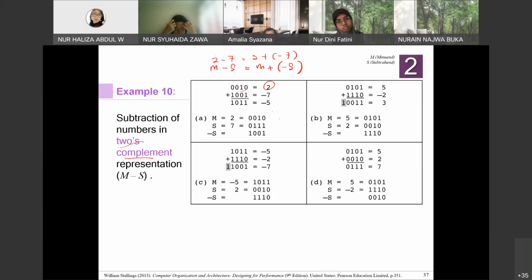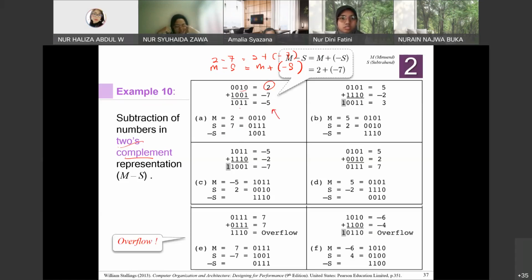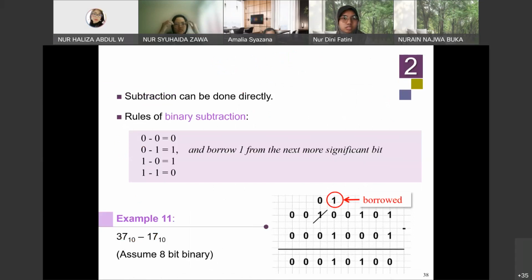Now we show you an overflow. This can also happen. All of this is just for you to see the problem if you use the second complement only. That's why after this you have another method instead of using the second complement for all these steps.